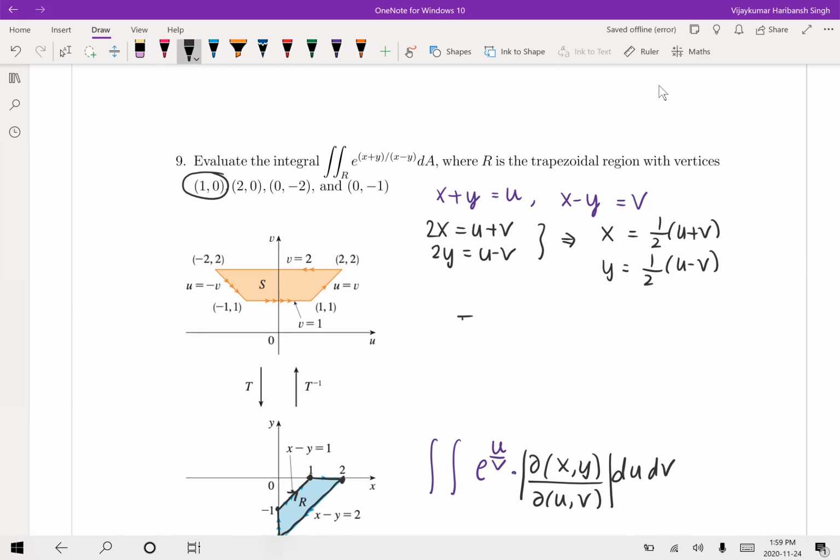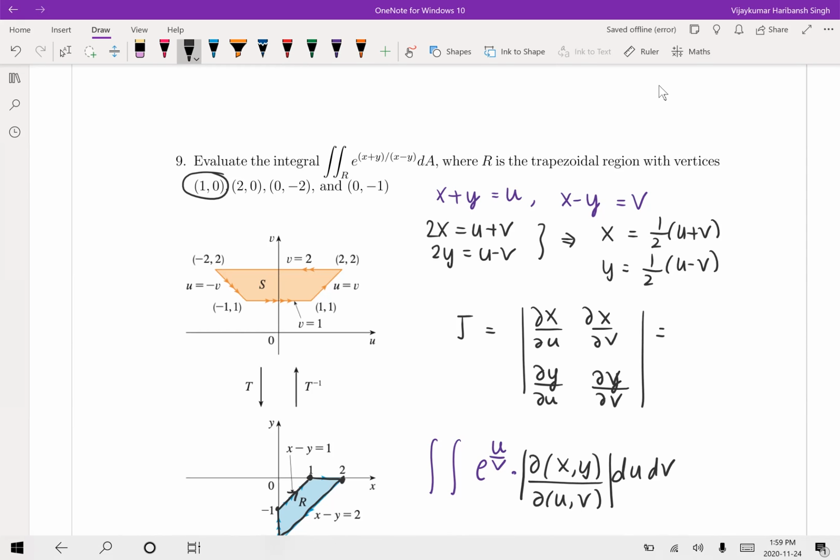Therefore, the Jacobian J is going to be the partial derivative of x with respect to u, then y with respect to u, then x with respect to v, and y with respect to v.